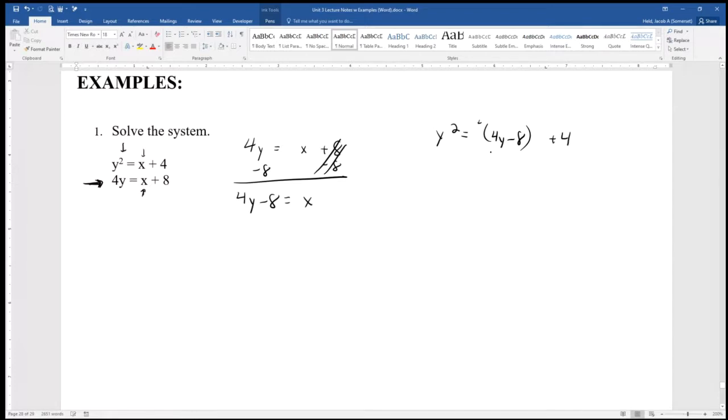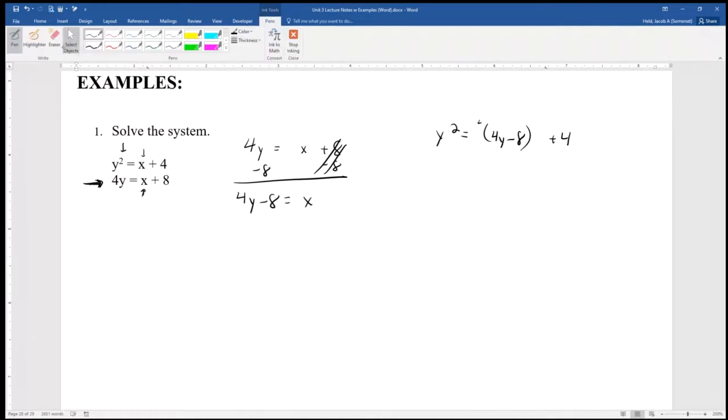Since there's no number in front of this parentheses, they don't really mean anything, so I can just get rid of them. It's like distributing a 1. Now I can combine like terms. Negative 8 plus 4 is negative 4. Now I have a quadratic equation here with y.